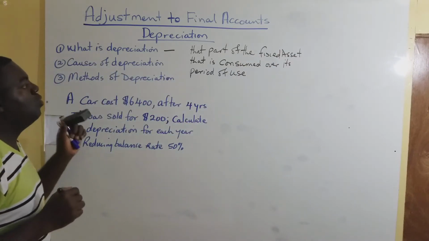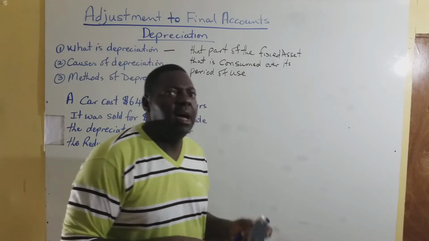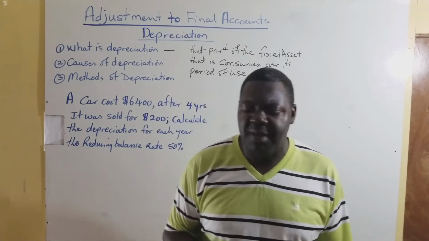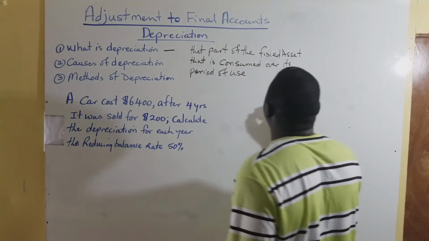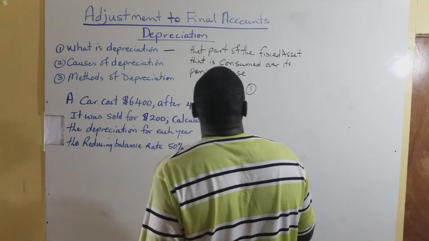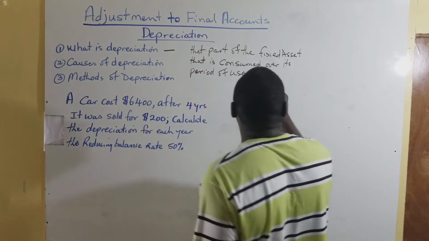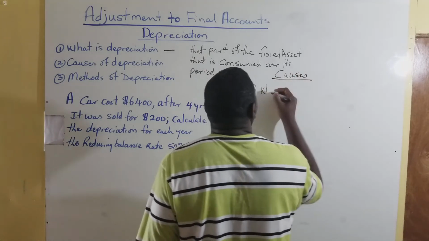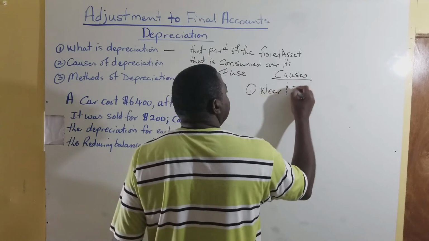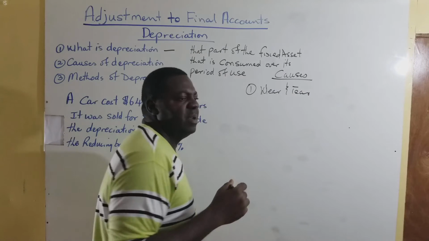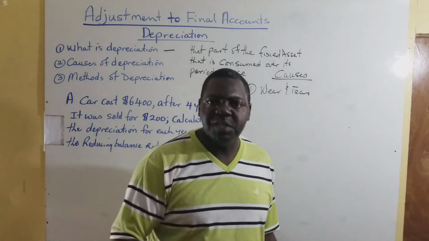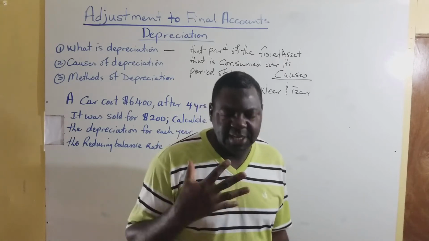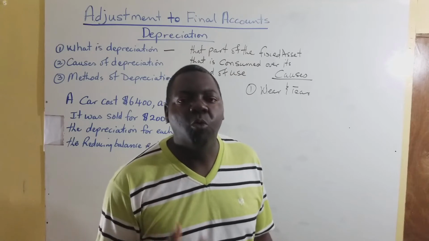Now, what are those causes? Several textbooks will give you varying causes, but I'm going to be identifying a few of them at this time. One has to do with wear and tear. Now, wear and tear means that as a result of the fact that you're using it, it is going to be worked in a way that it becomes worn.